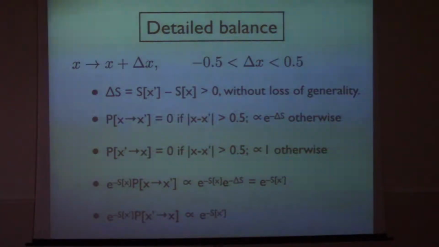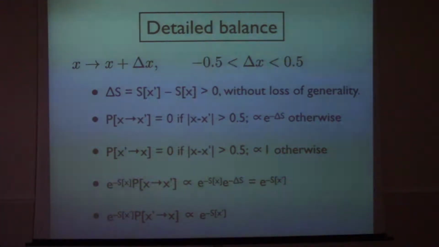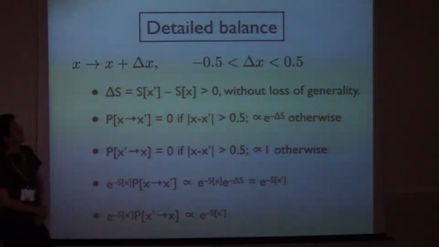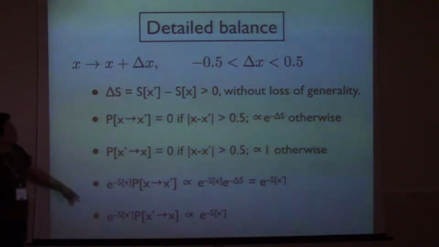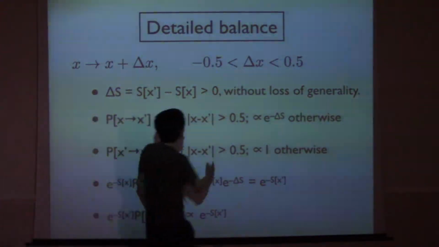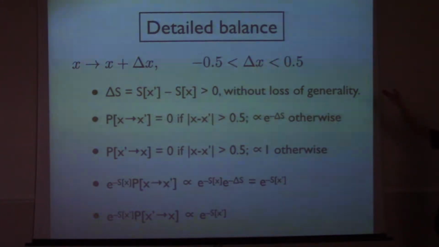And the detailed balance condition can be seen very easily. So without loss of generality, let's call this x plus dx to be x prime. And without loss of generality, we can assume that delta s is positive. Then the transition probability from x to x prime is 0 if the difference of x and x prime is bigger than 0.5 by definition.